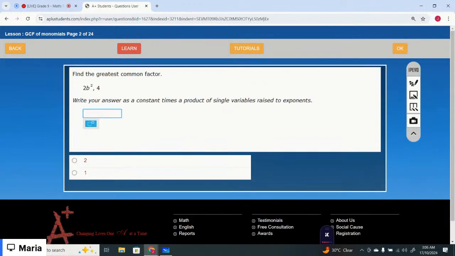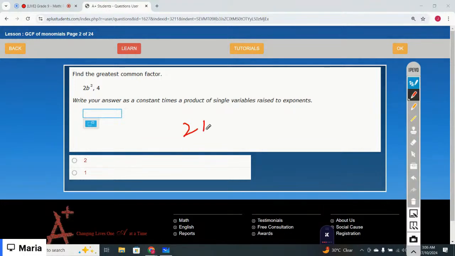Okay, the next one is find the greatest common factor. So which is the correct option? You have 2b square and 4. You can write 2b square as 2 times b square and 4 as 2 times 2. So the greatest common factor is 2. Got it?